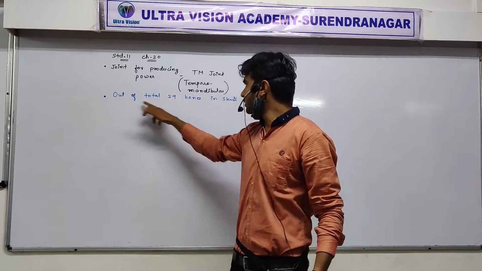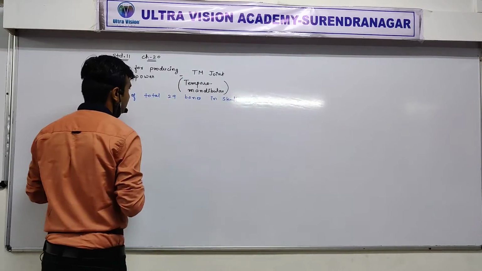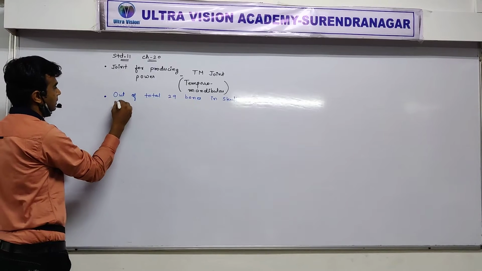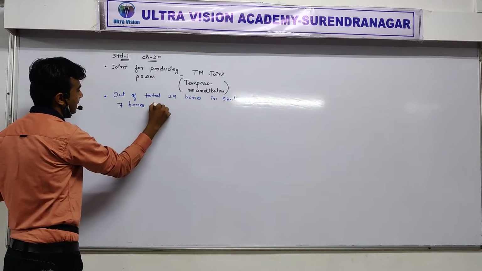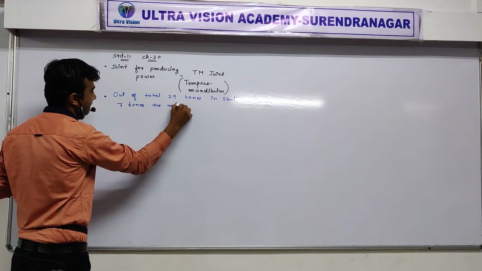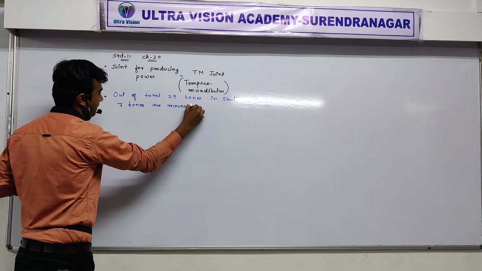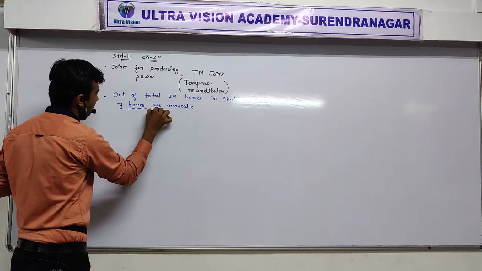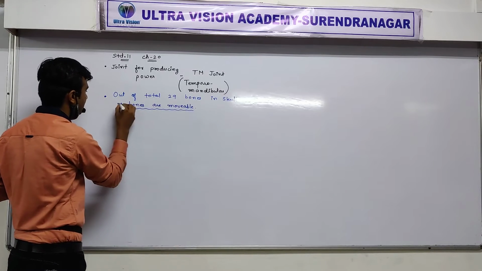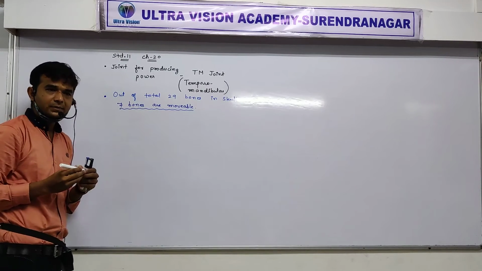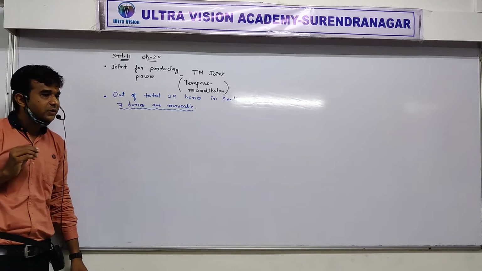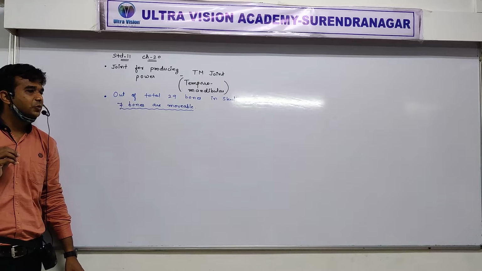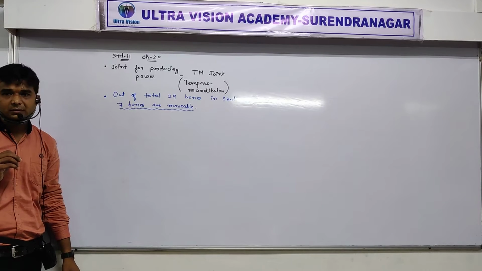So out of the total 29 bones, 7 bones are movable.